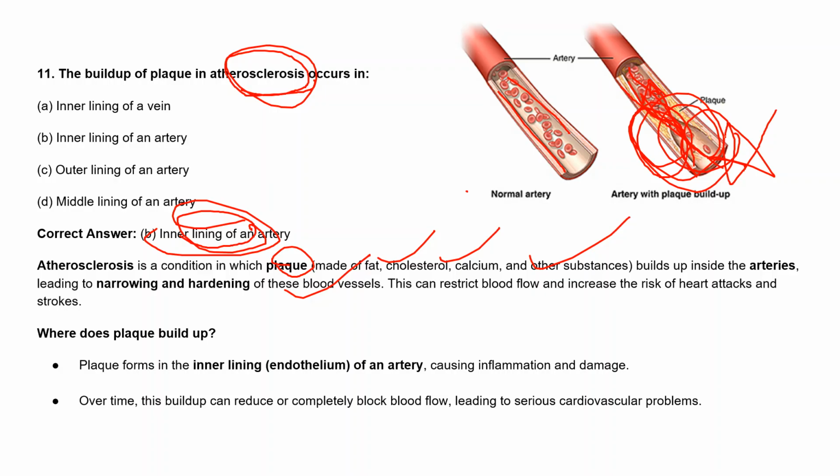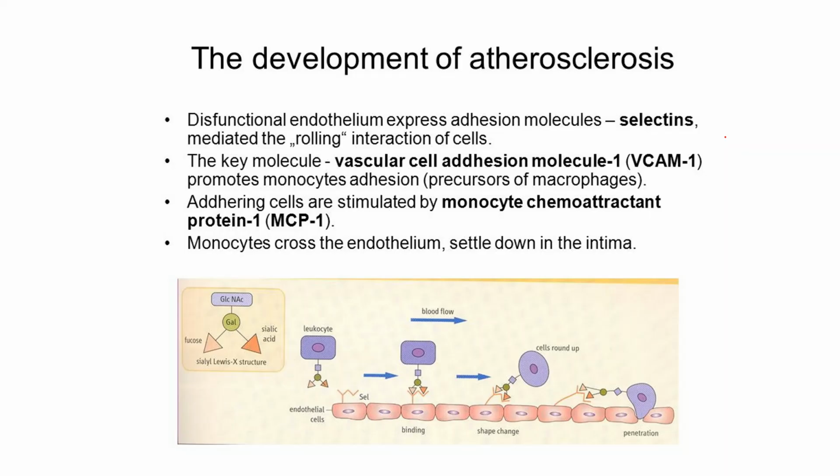Doctors recommend that if someone suddenly has a heart attack, they can take aspirin, which will normally help dissolve this cholesterol-like substance. With time, without any medicine, it can reduce or completely block also. If it completely blocks, it leads to serious cardiovascular problems.